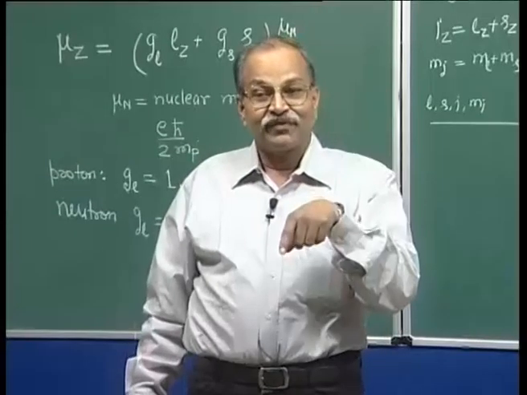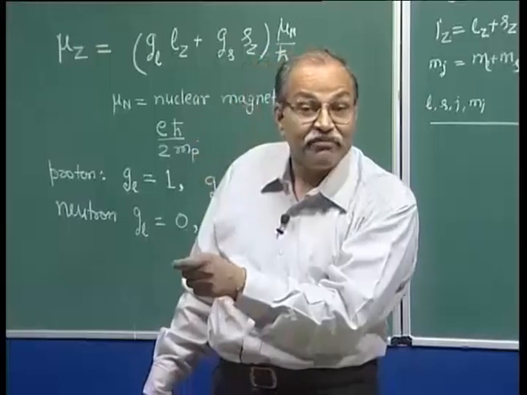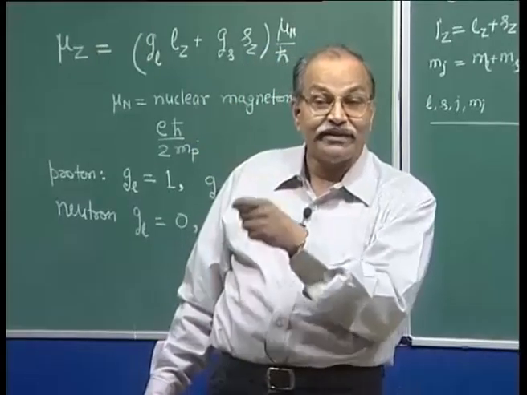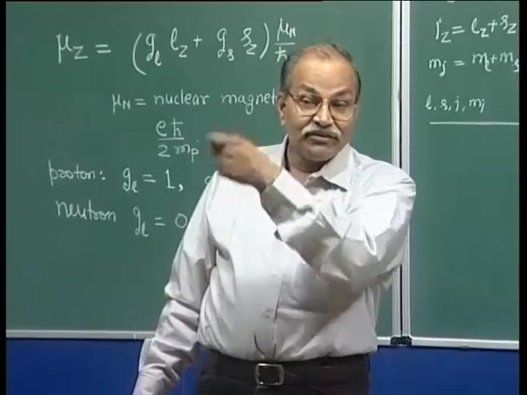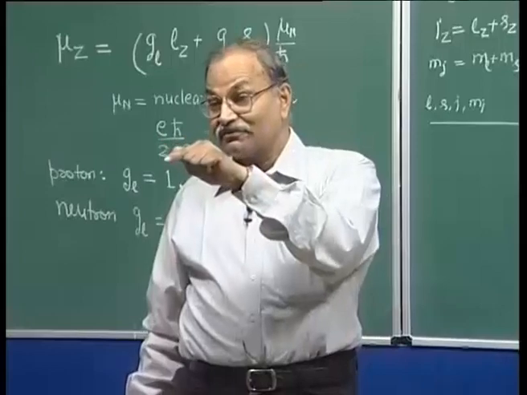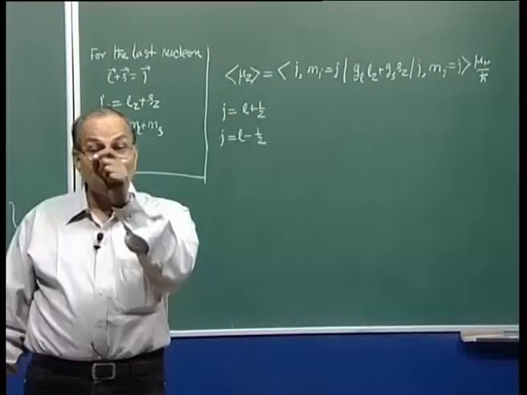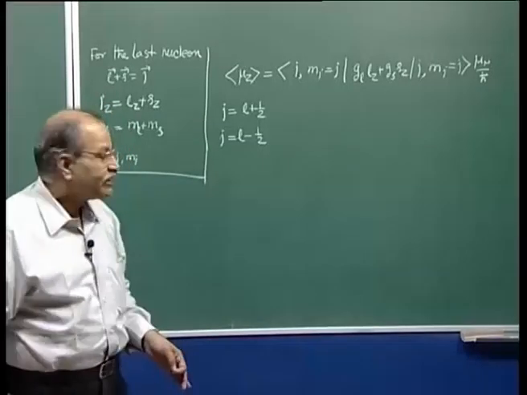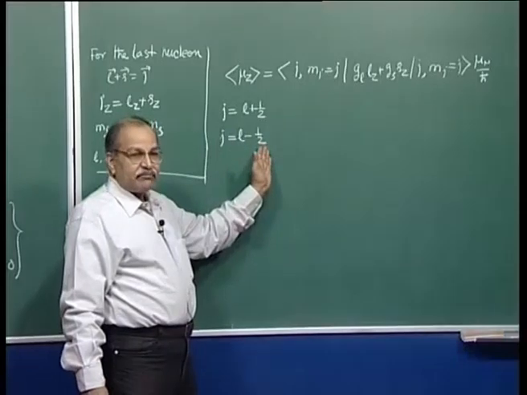Similarly, D is L equal to 2. So, you have D 3 by 2 and D 5 by 2, D 5 by 2 lower energy, D 3 by 2 upper energy. So, this 5 by 2 and 3 by 2 are coming from L plus half and L minus half. For D state L is equal to 2. So, 2 plus half and 2 minus half, similarly for everything. So, J will be either L plus half or J will be L minus half.